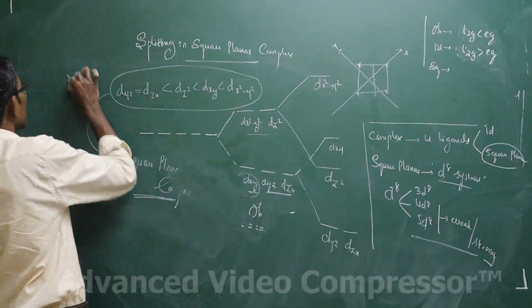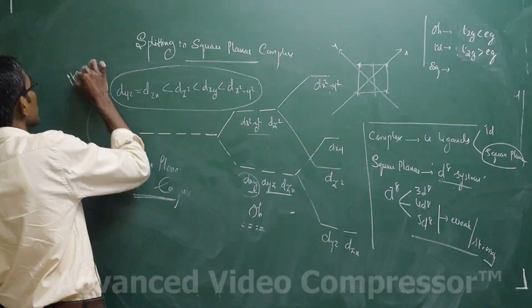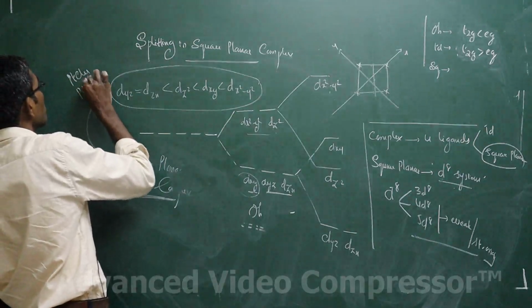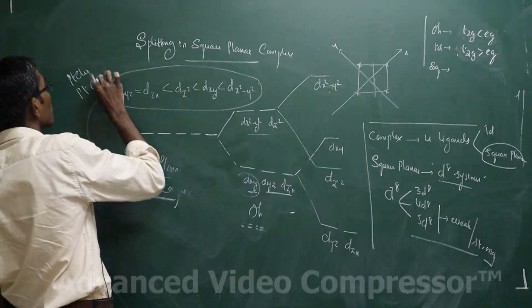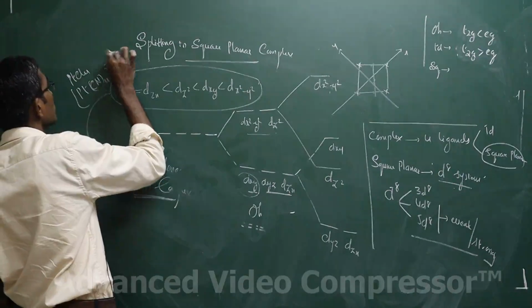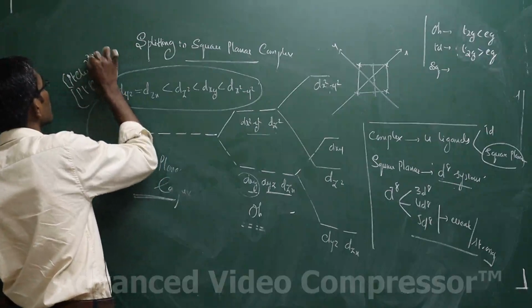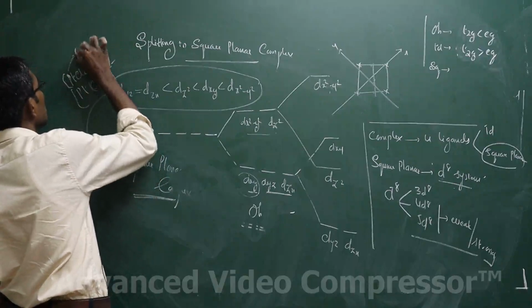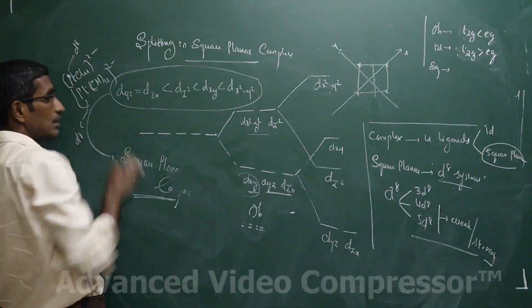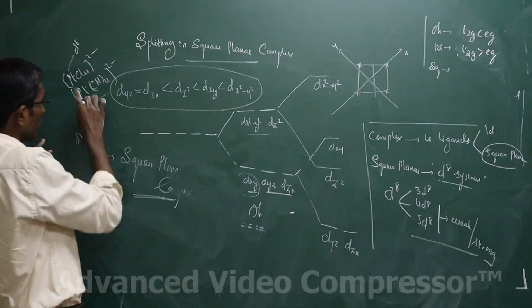If they ask you about PtCl4 2- and Pt(CN)4 2-, these are d8 complexes.